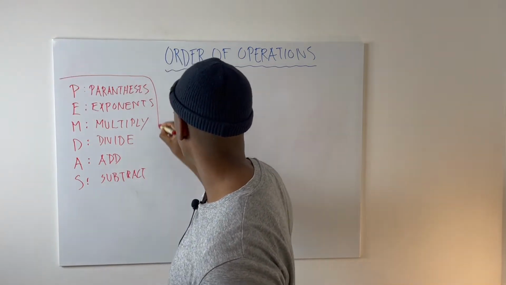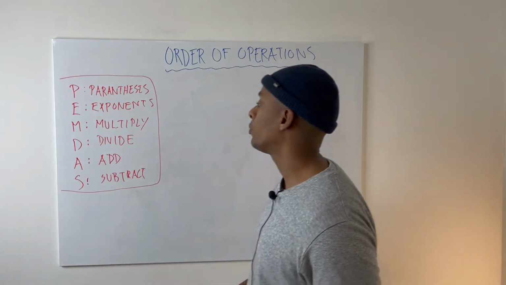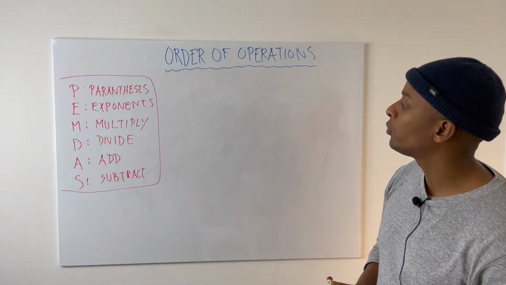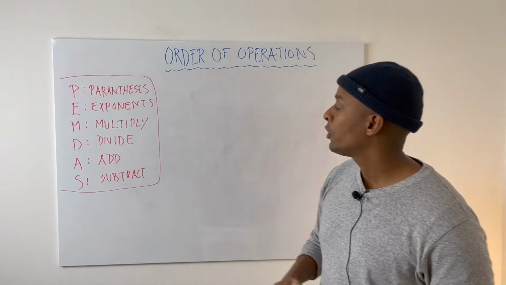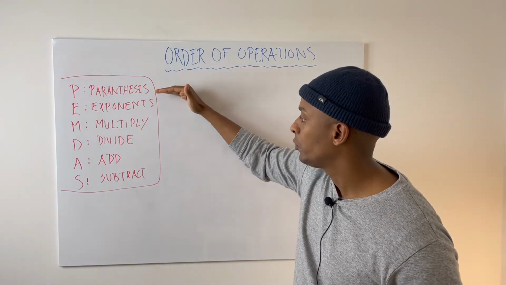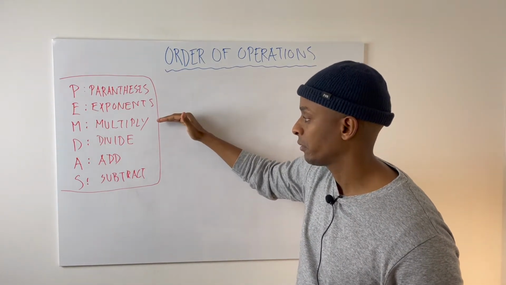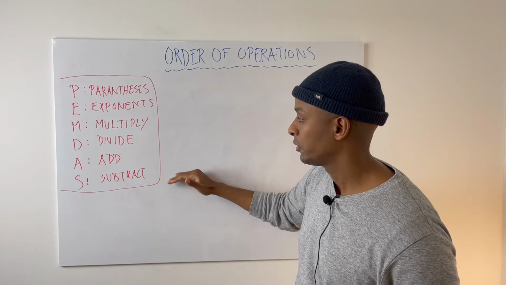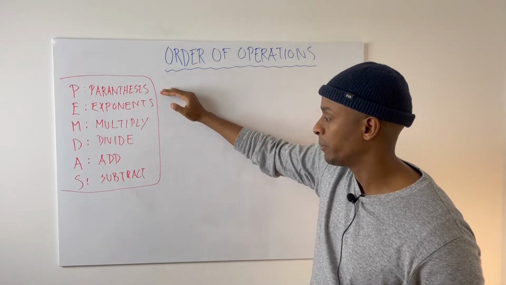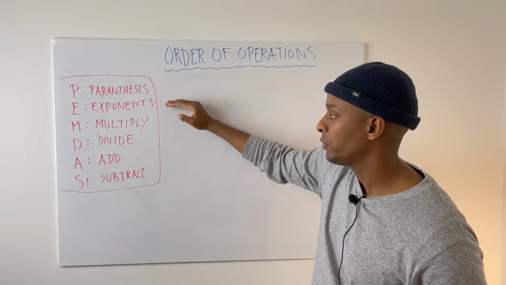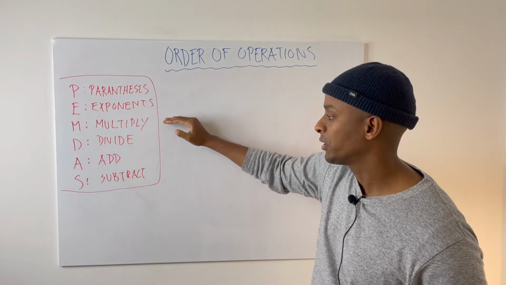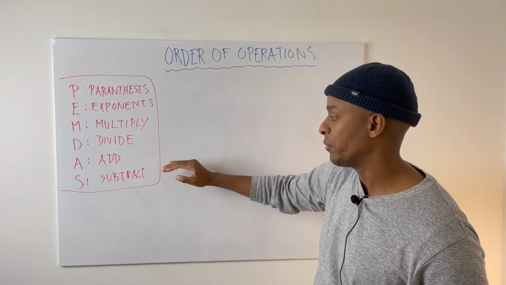So this is the PEMDAS rule, and the PEMDAS rule tells you in which order we do the operations. First we deal with the parentheses, then we deal with the exponents, then we multiply, then we divide, then we add, then we subtract.